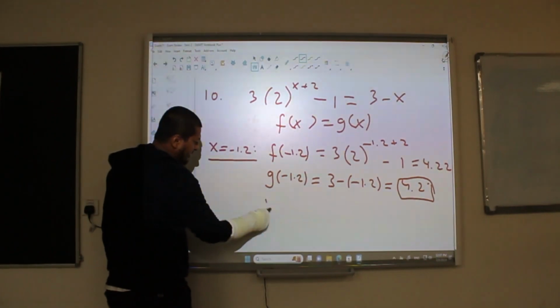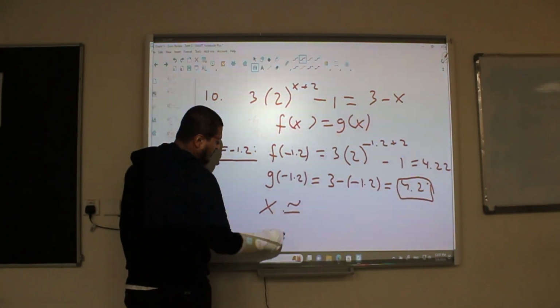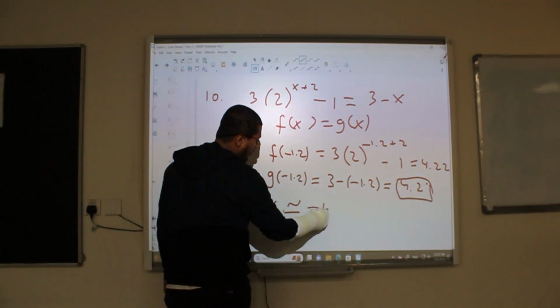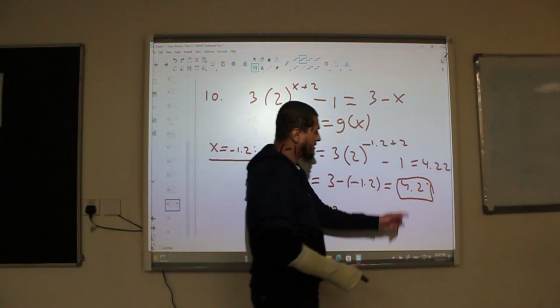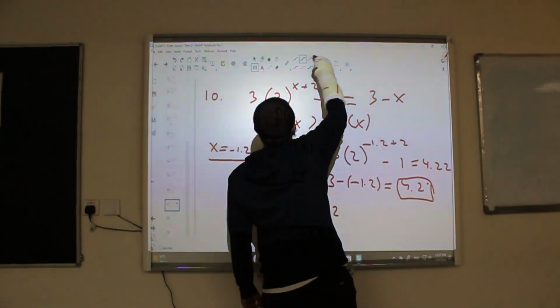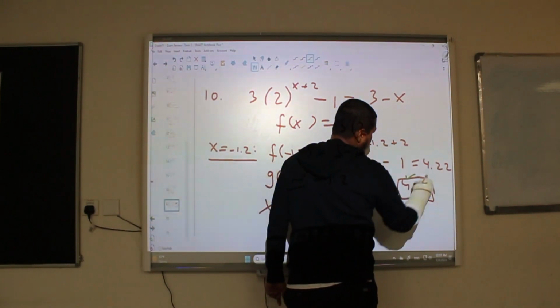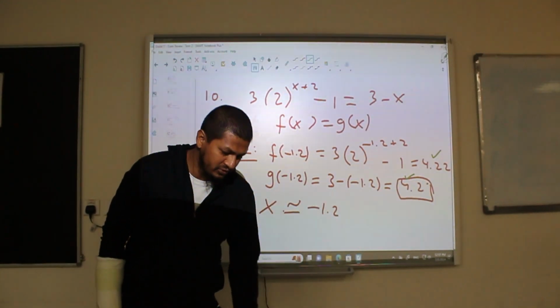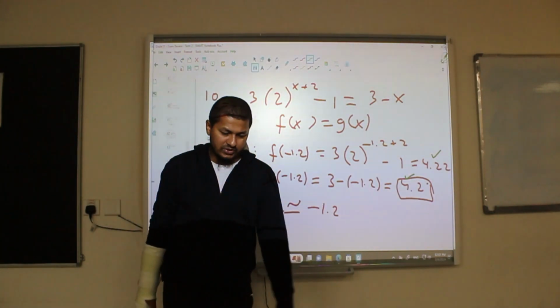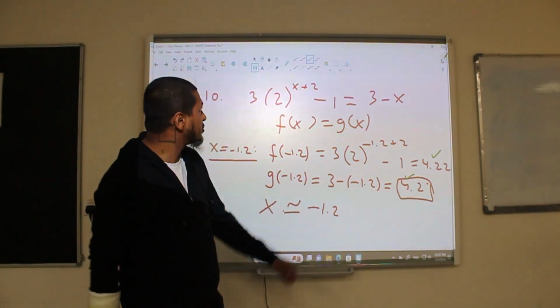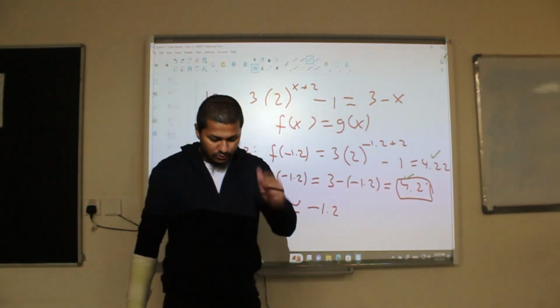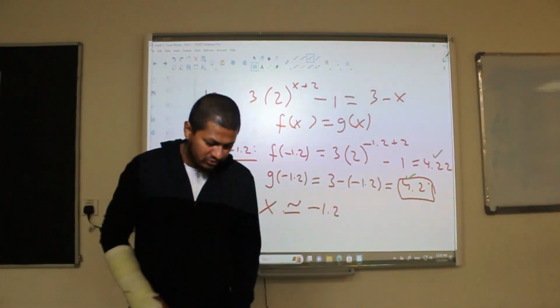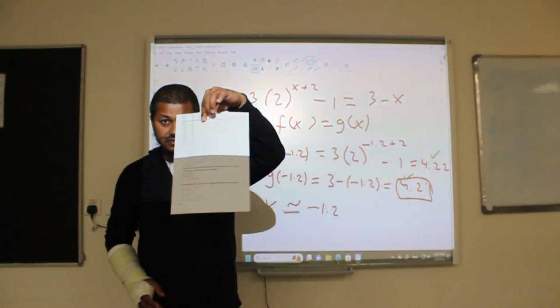So you can say x is approximately equal to negative 1.2 because these two answers are almost the same. So I have an approximate solution. That's the reason why the question asks to estimate the value of x so that this equation is true, which is from the graph that you need to form, right? So from this graph.